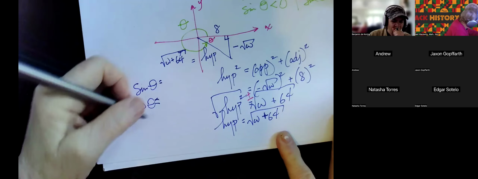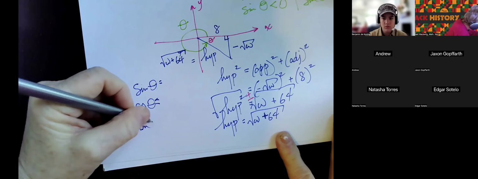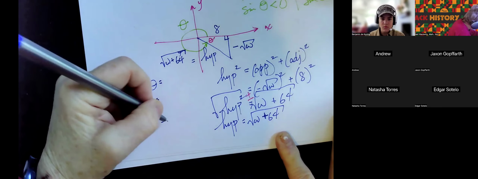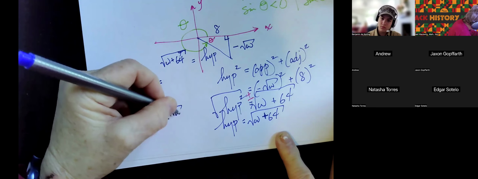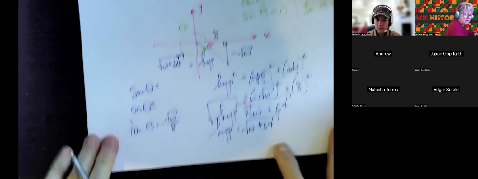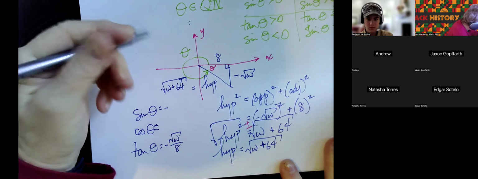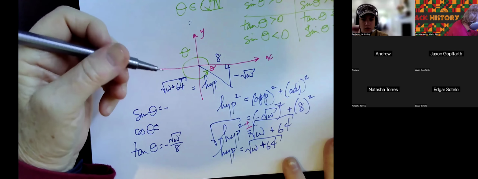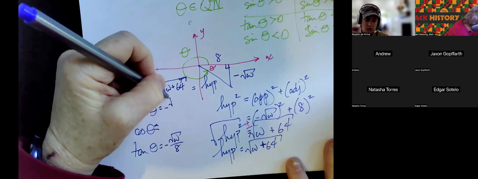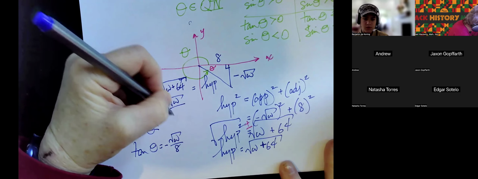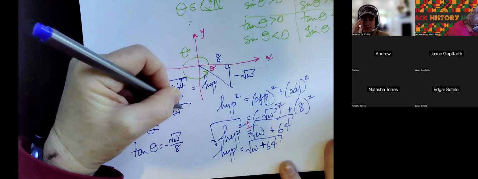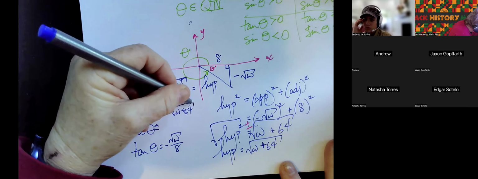And we already were given that the tangent of theta is negative square root of w over 8. The sine is going to be negative square root of w over the square root of w plus 64.